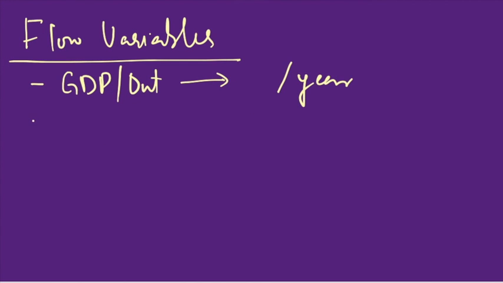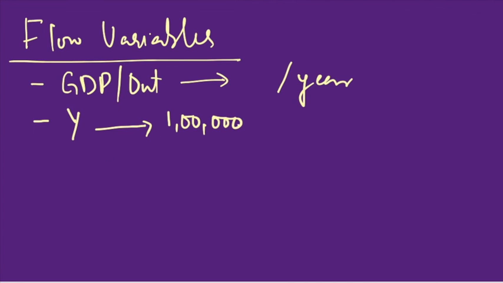So let's move to the flow variables. Macro flow variables. The examples include GDP or output, which is normally measured per year. Then take the example of income of a person, for example, let income of a person be 100,000.